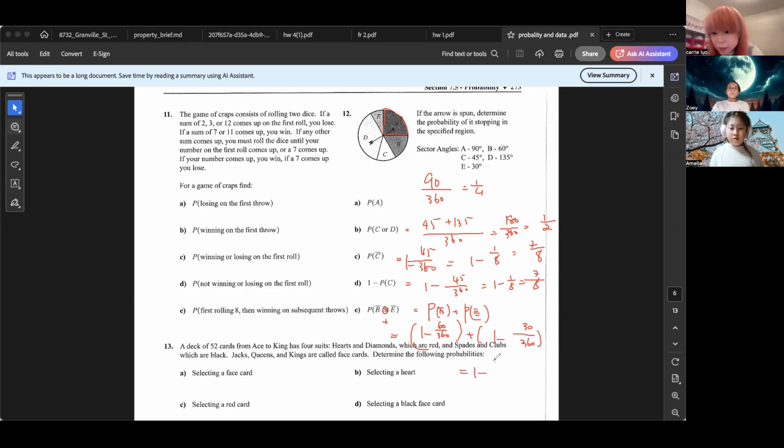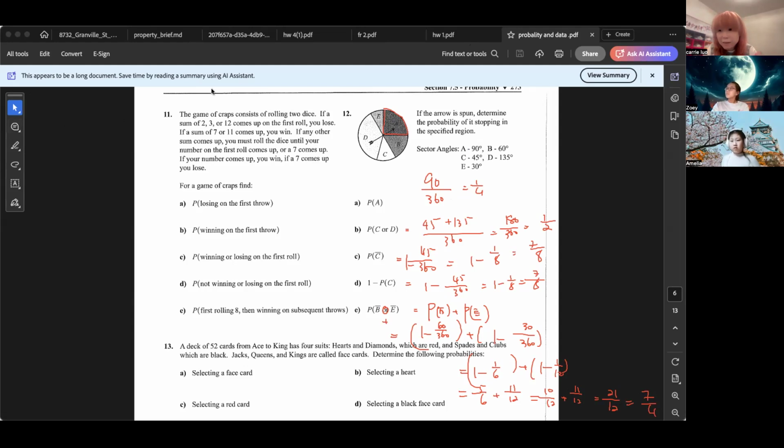So equals 1 minus 1 over 6 plus 1 minus 1 over 12. So equals 5 over 6 plus 11 over 12 equals 10 over 12 plus 11 over 12 equals 21 over 12, which is 7 over 4. Get it?